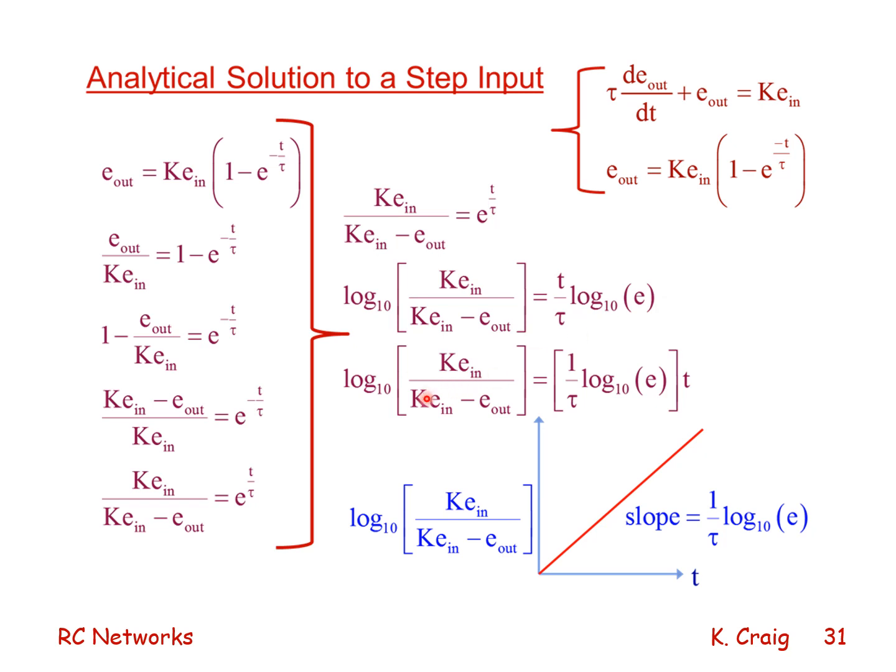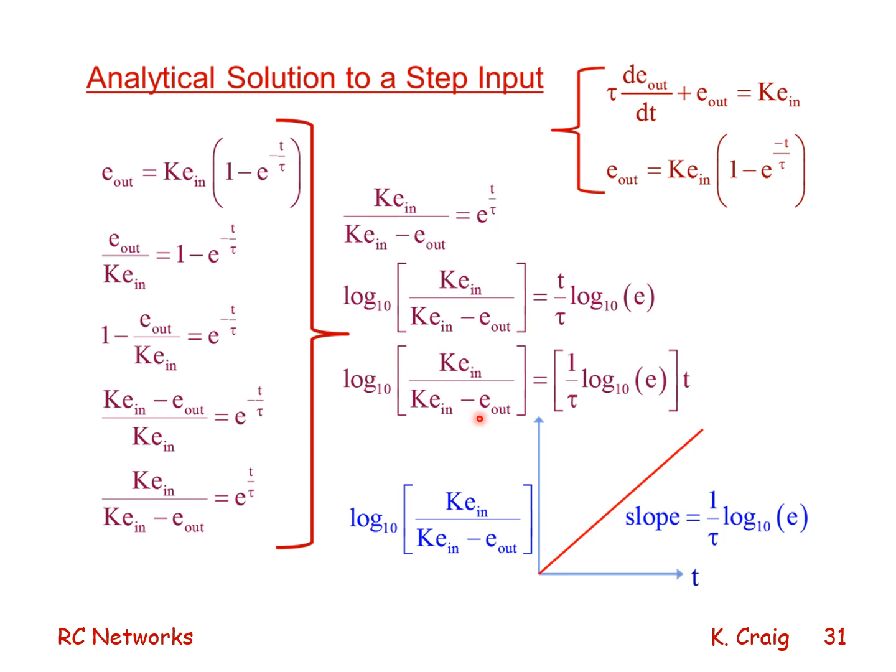So now, if I factor out the t from the right side, I get 1 over tau log to the base 10 of e, which is a number, times time, which is a variable.